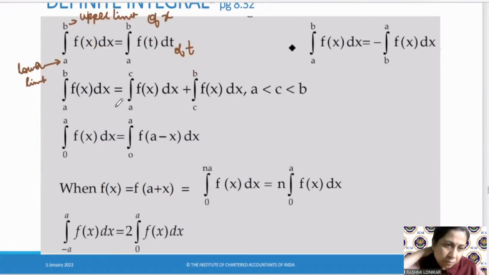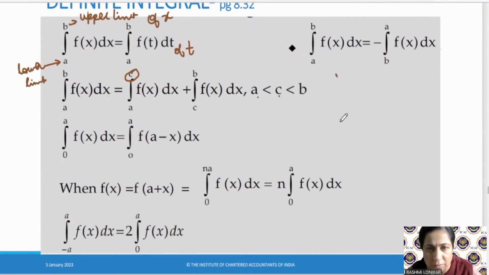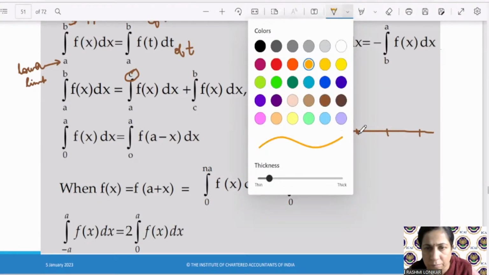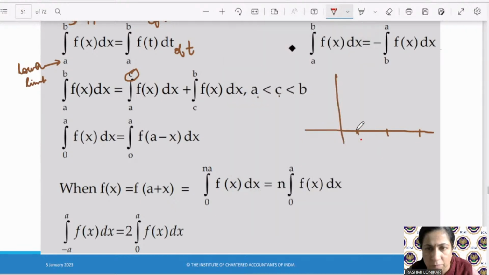Then I can even add a third number. So I can find the integration from a to c and then from c to b. Okay. So for example, suppose this is 1 and this is 5.